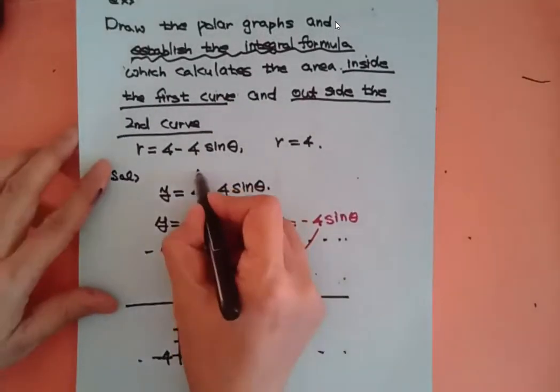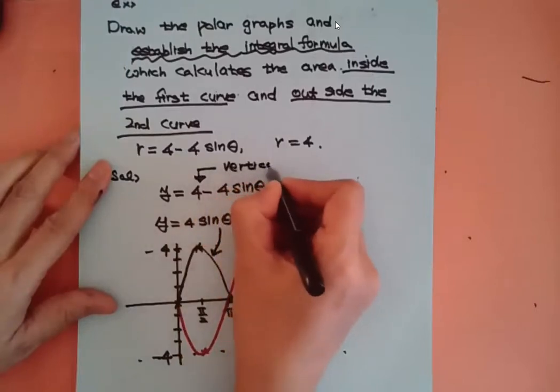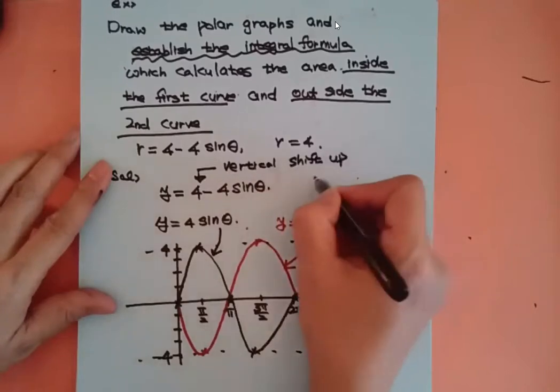Now we are adding 4 here. So that is a vertical shift up 4 units.